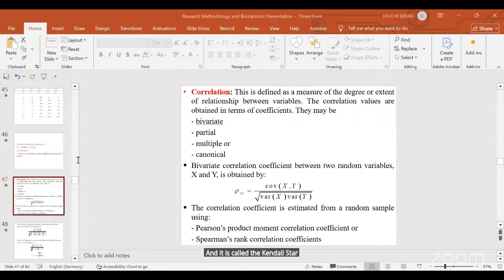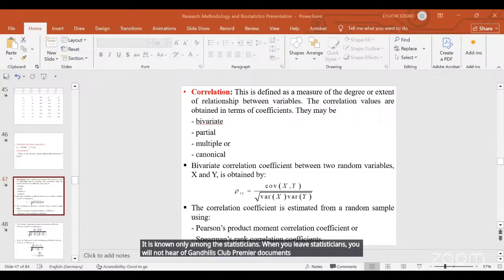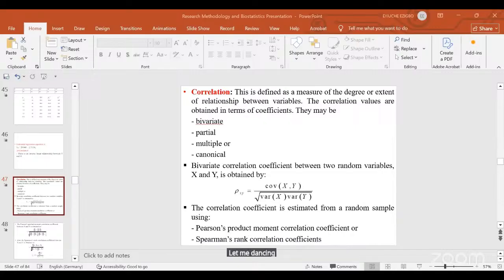That is equally a measure of correlation, but I don't know what happened, that it is not very well known. It is known only among the statisticians. When you leave statisticians, you will not hear of Kendall's Tau any other place. Maybe they didn't pray very well before they came up with that correlation coefficient.